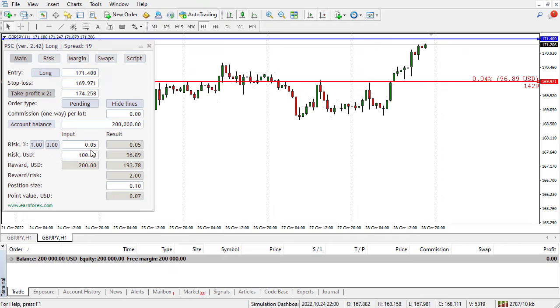So if this was what you wanted to be risking, you can see that on that $200,000 FTMO account, we were supposed to be trading with 2-point-something lots using this aggressive trade entry with a tighter stop loss. But if this example was to be used on a $10,000 FTMO account, we would have to be taking this trade with a 0.10 lot size. Why? Because this is a much smaller account, and as a result, the lot size is going to reflect that in the percentage which you're supposed to be risking on the trade.